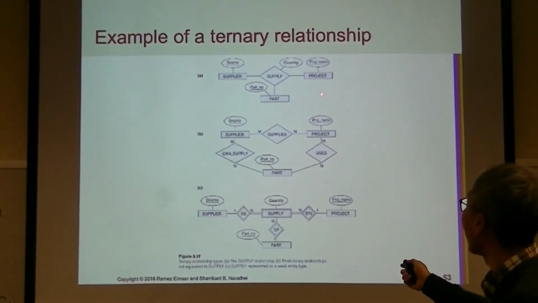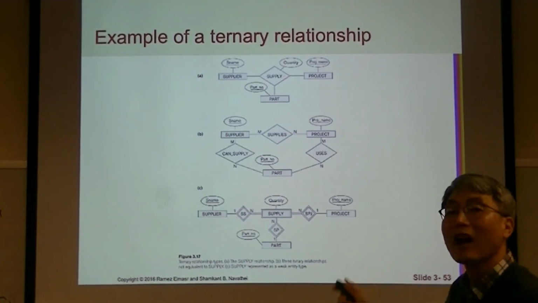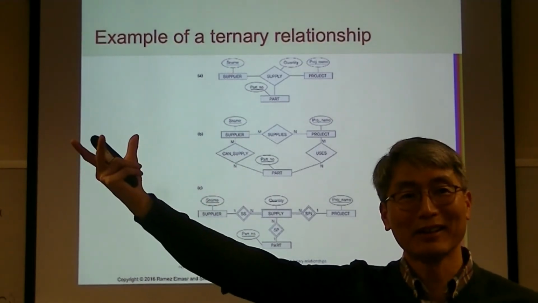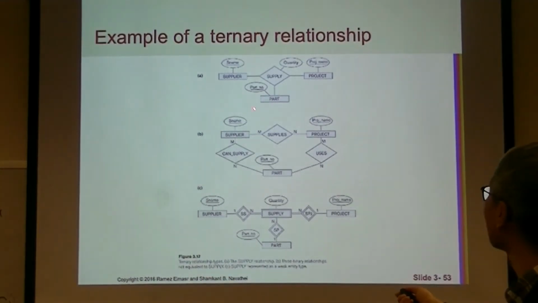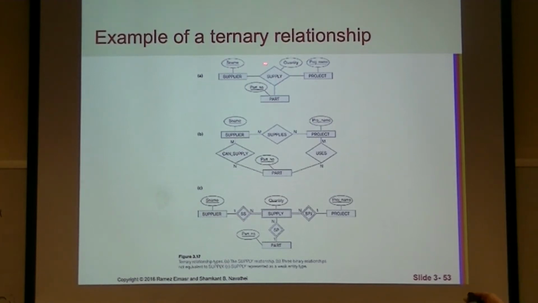So 3 entities are involved in the supply relationship. Even more, okay? Sometimes 1, 2, 3, 4 entities can be involved in one relationship. At that time, this kind of relationship is called a ternary relationship.